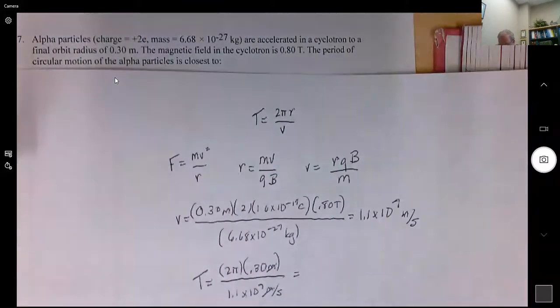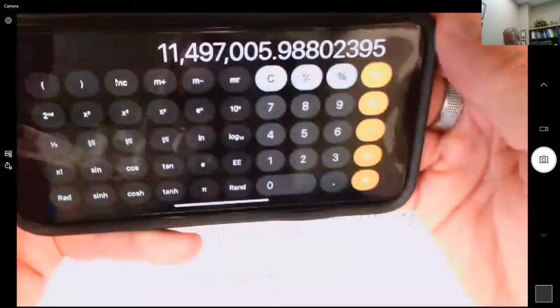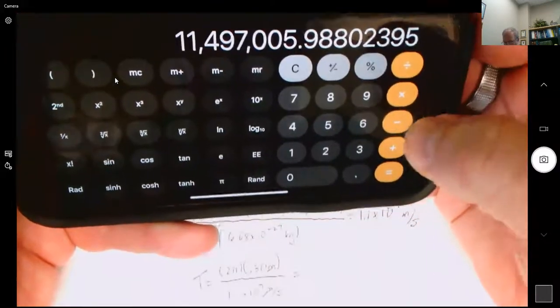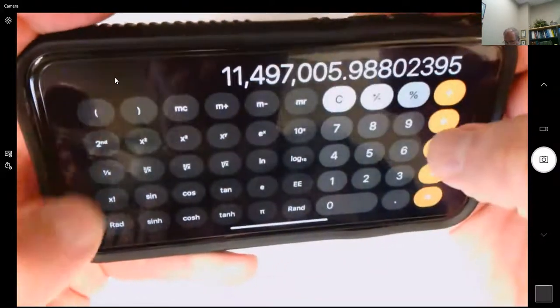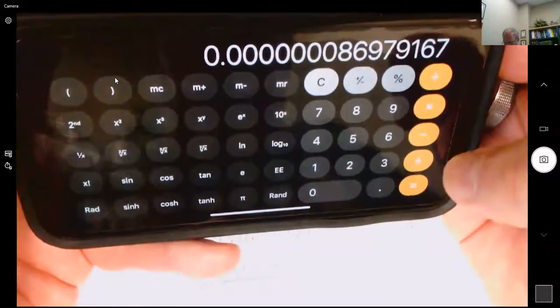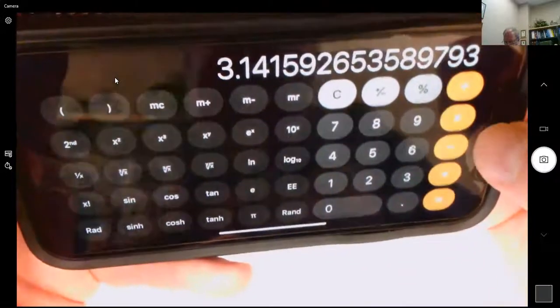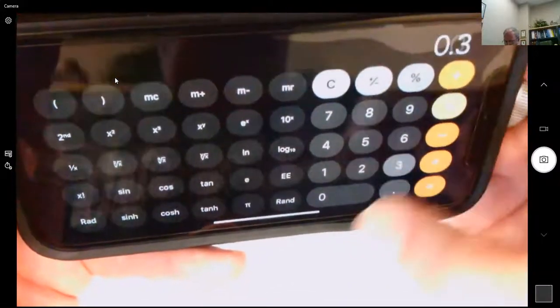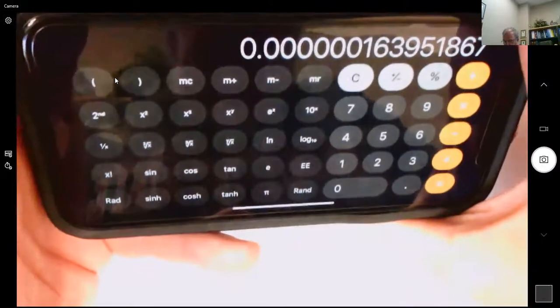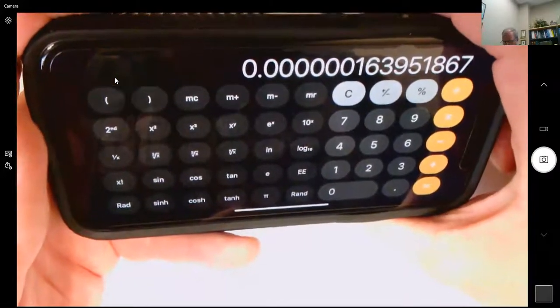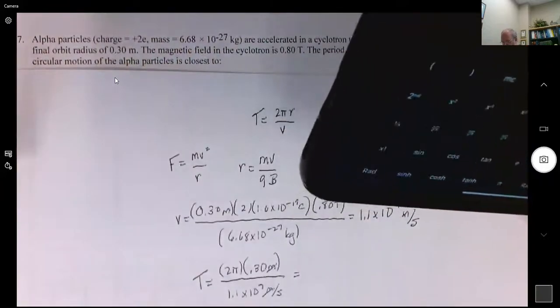Meters cancel, and that gives seconds. So I'll just go with my number here. Take the reciprocal of that, times 2 times pi times 0.30, and that gives me 1.6 times 10 to the negative 7th seconds.